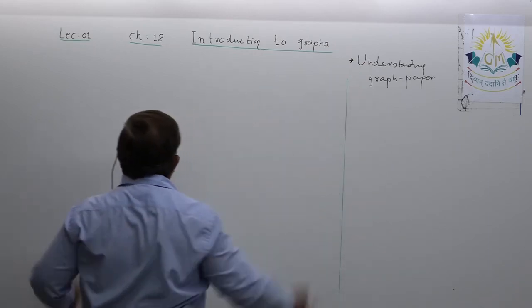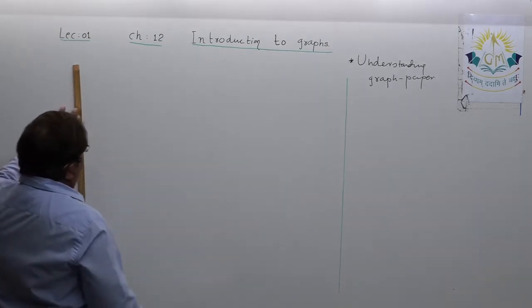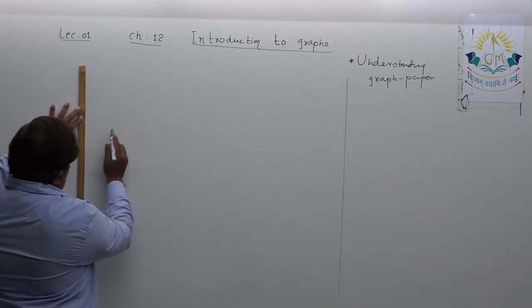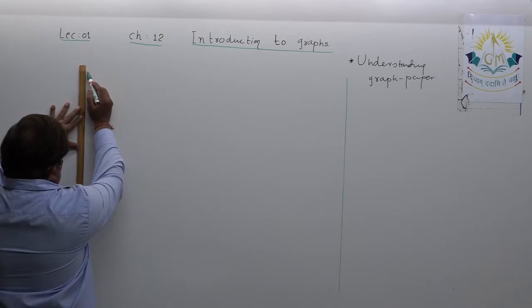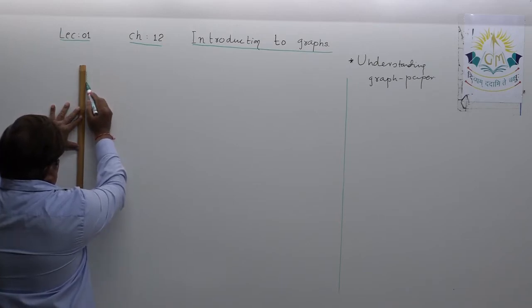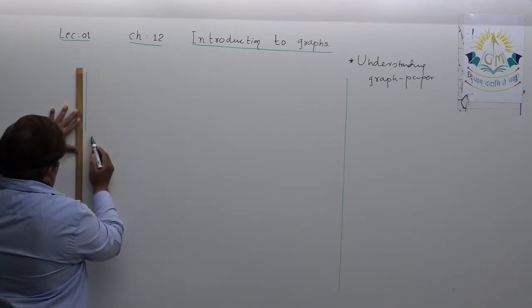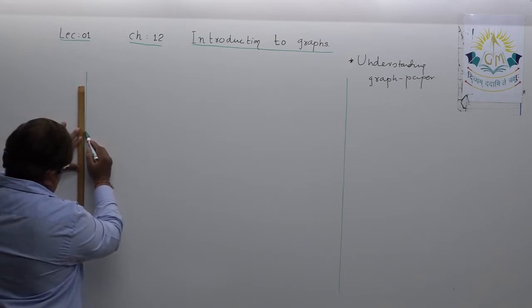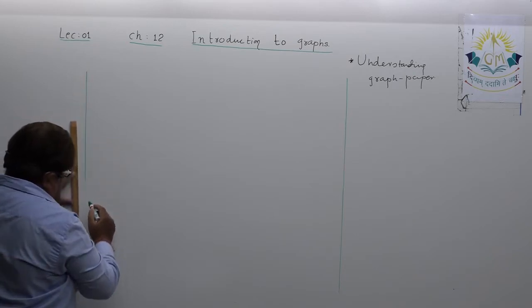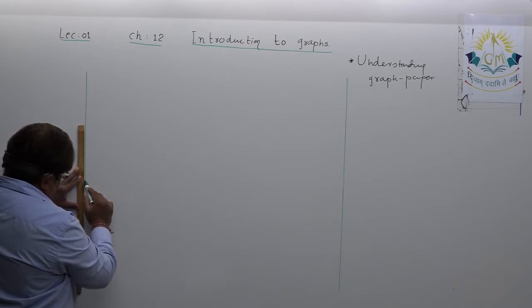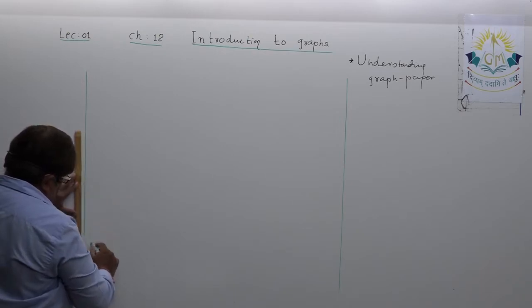The green part is our graph paper. Okay. On the left side also I am going to mark one line that will demarcate the boundary of the graph paper for me, because I have to explain the graph paper on the board.